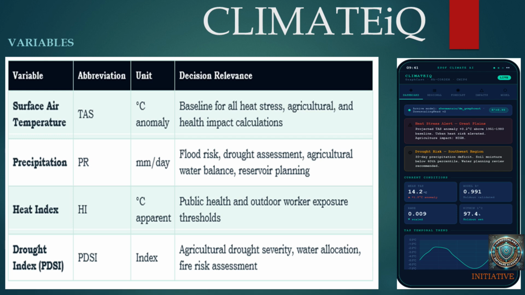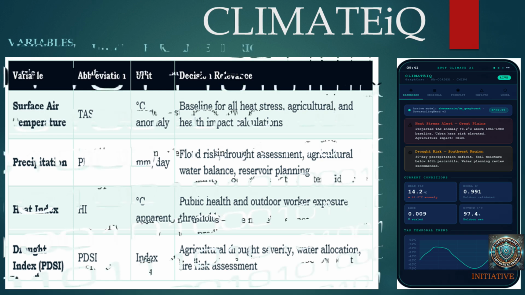Then you have precipitation: flood risk, drought assessment, agricultural water balance, reservoir planning. Then you have the public health and outdoor worker exposure thresholds, that's for the heat index. Then you have the agricultural severity, water allocation, fire risk assessment.